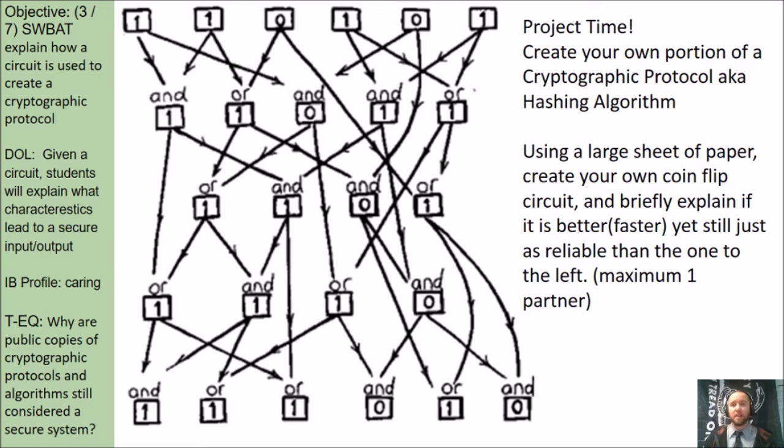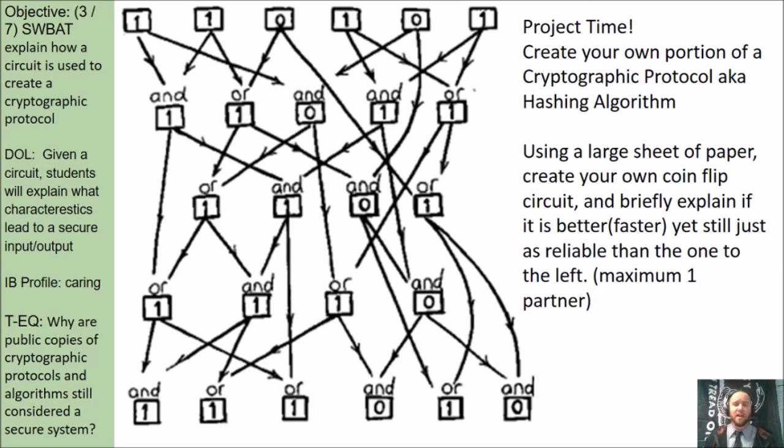Okay, so project time. You're going to create your own portion of a cryptographic protocol, AKA a hashing algorithm. It's not a true hashing algorithm, seeing how you can have the same output given different inputs, but we're getting really close, so I'm going to leave that in the slide.